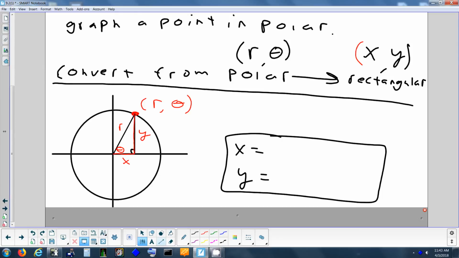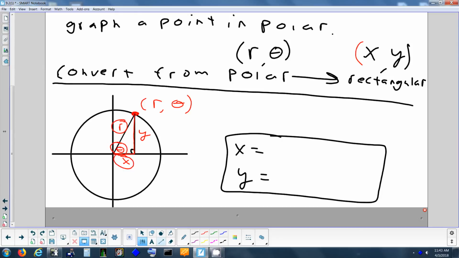So, let's start with the two things that you're going to know in the problem. R, theta, and let's start with x. What trig function could I use in that right triangle that would involve x and r? Yeah. The Pythagorean Theorem.